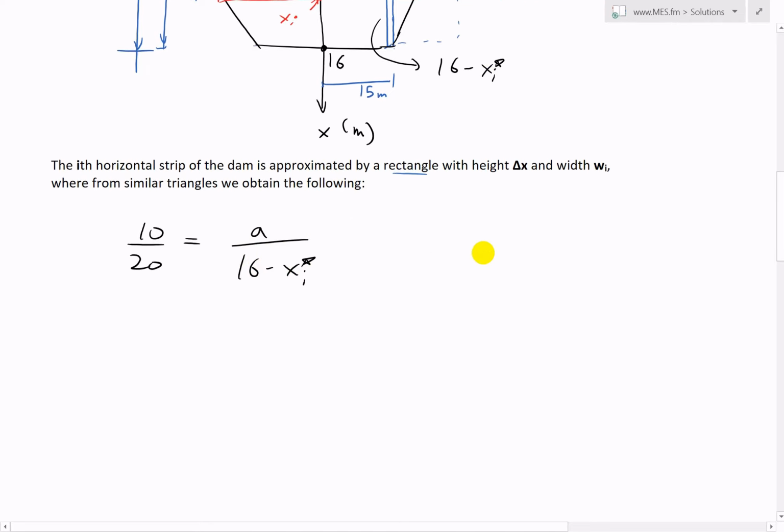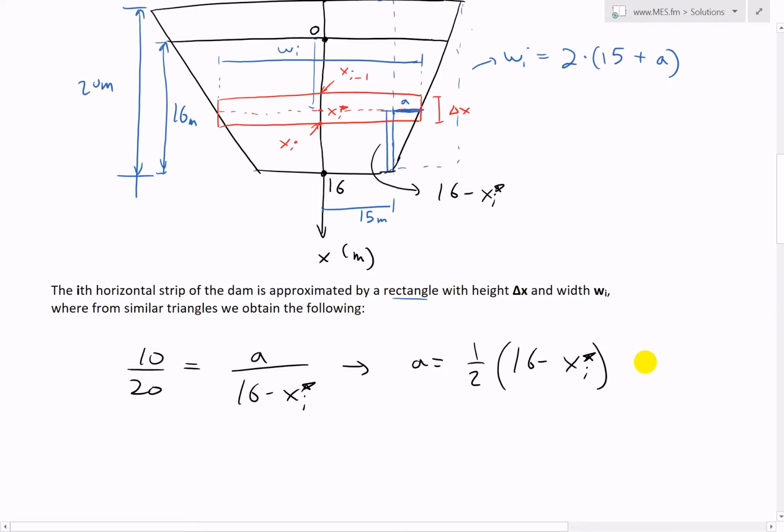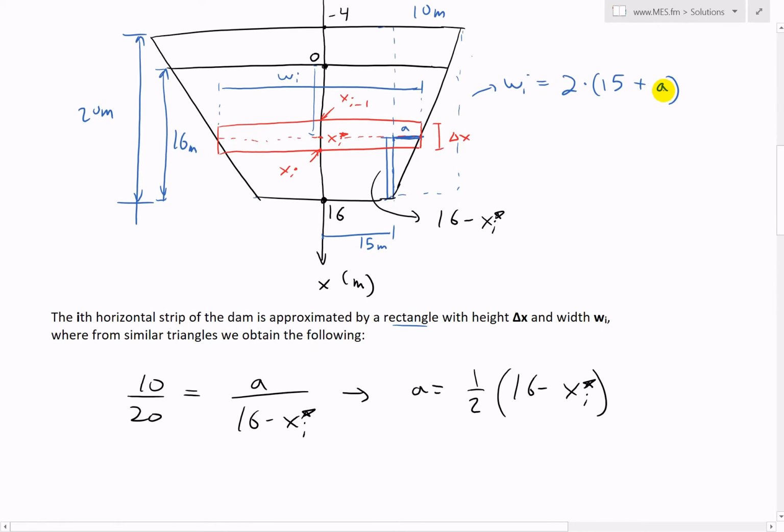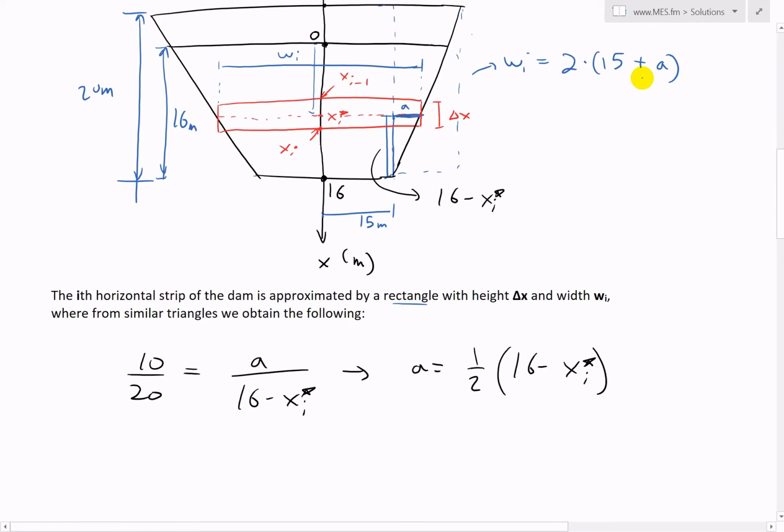So when we rearrange this, we get a is equal to 1/2 times 16 minus xi star. So that's what a equals, and then we could just plug this inside here. We don't need to solve this further.